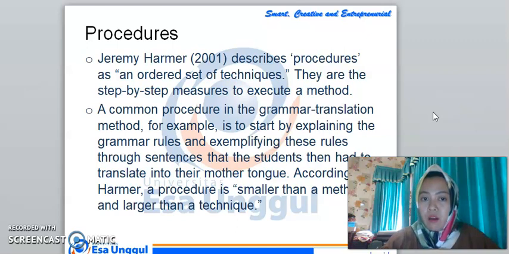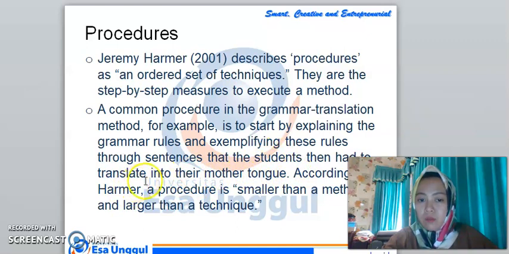They are the description of step-by-step measures for student learning in the classroom. A common procedure in the grammar translation method, for example, is to start by explaining the grammar rules and exemplifying these rules through sentences that the students then have to translate into their mother tongue.